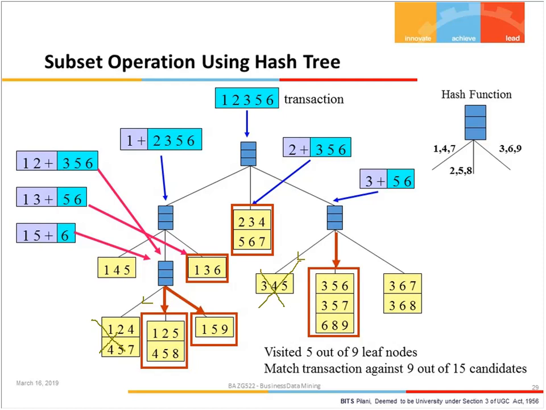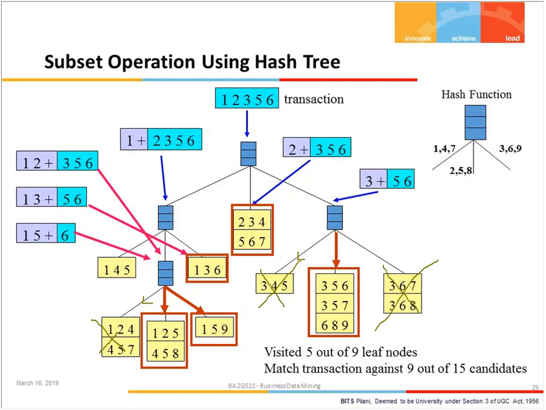So we recognize that 5 is taking through this path, and only 6 is left. But we see that there are no more items. So at most 3, 6 will go this path, but we know that all the item sets are 3 item sets. So this node need not be visited.